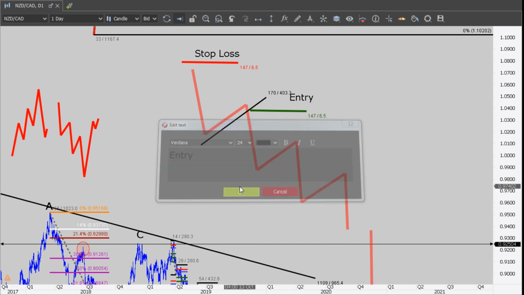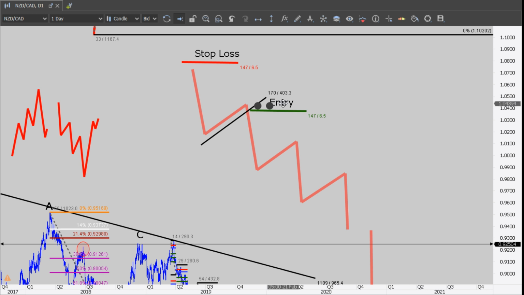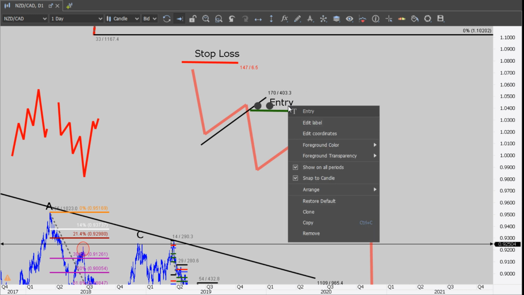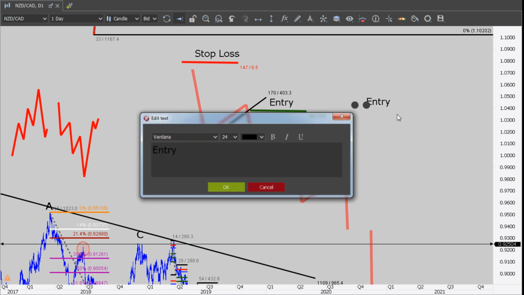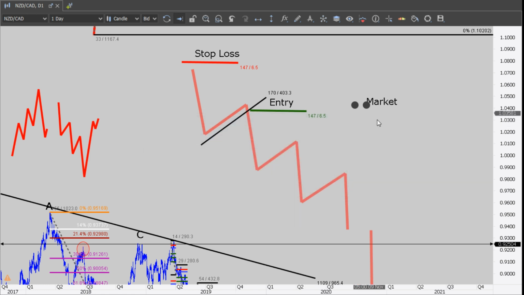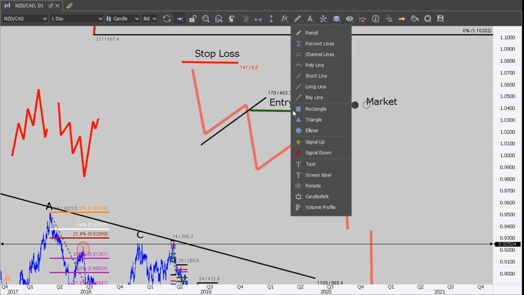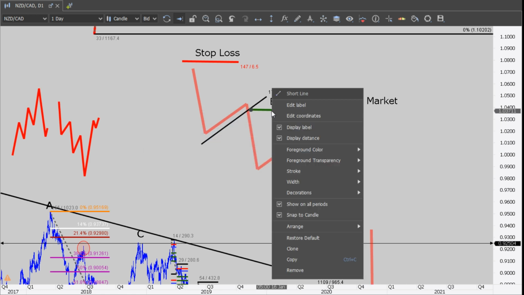Entry is in here. So this is going to be the market. Entry green, stop loss red, market is going to be blue.